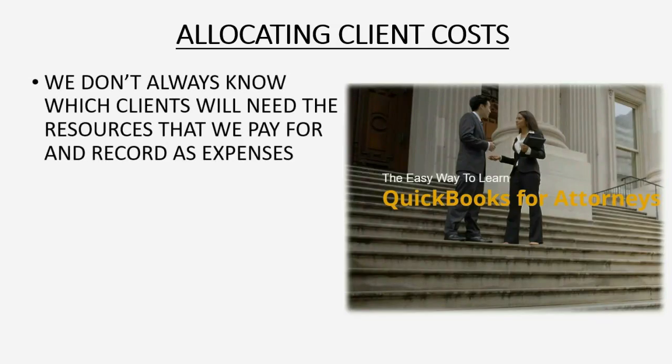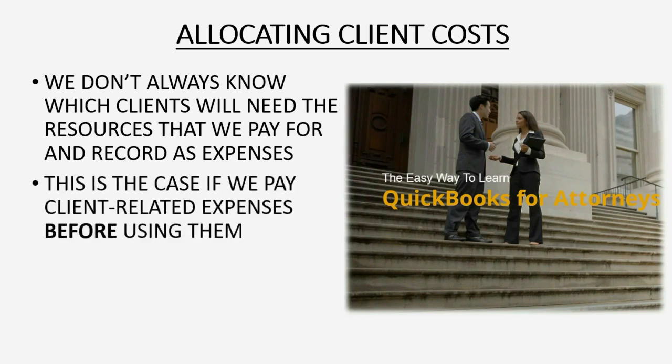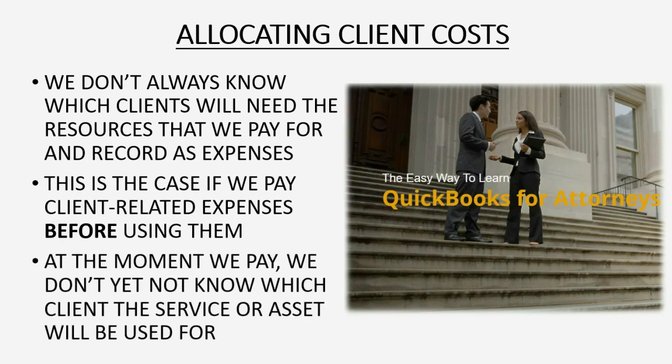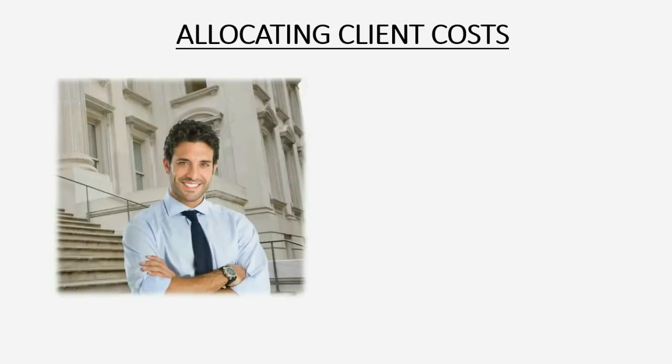We don't always know which clients will need the resources that we pay for and record as expenses. This is the case if we pay client-related expenses before using them. At the moment we pay, we don't yet know which client the service or asset will be used for.